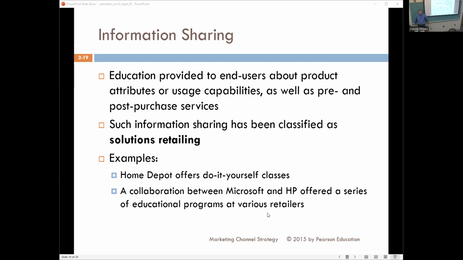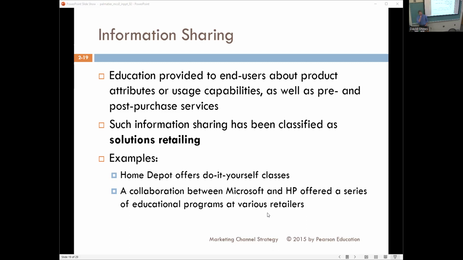One of the better ways that they share information is by providing solutions, which is known as solutions retailing. Back when I was working at Omni Computer Store in Lafayette, we would do a demonstration with the E-size plotters and also with Hewlett Packard setup along with AutoCAD. And we would show the engineers what you could actually do and how you could design them.